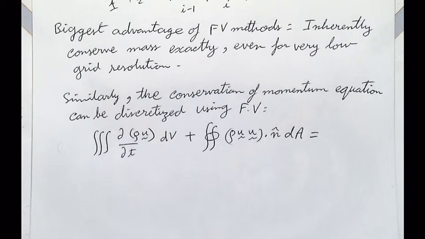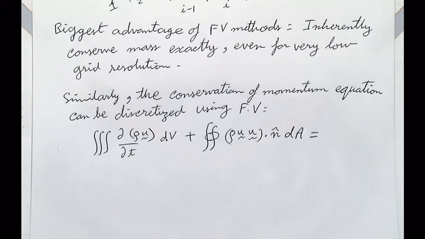There are two very important terms that accelerate or decelerate fluid: viscosity, which decelerates fluid and causes losses, and the pressure gradient. So there's pressure and viscosity. Together they form what's called the stress tensor.